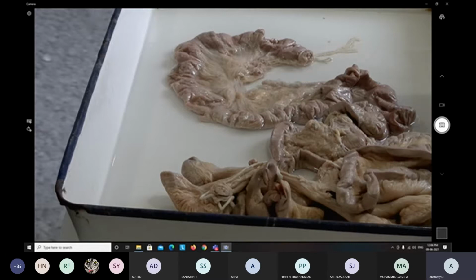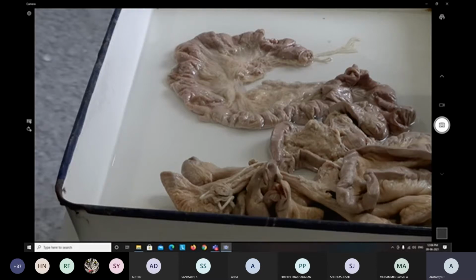The reason is, when you study the histology of the small intestine, we know that there are layers of the wall of the intestine. The innermost layer is called the epithelium, which is constituted of columnar epithelium. Those columnar epithelial cells are situated over the villi. A single one is a villus and the plural is villi.